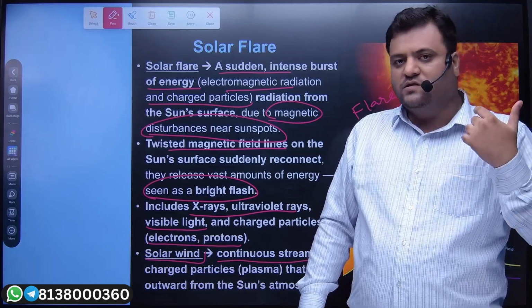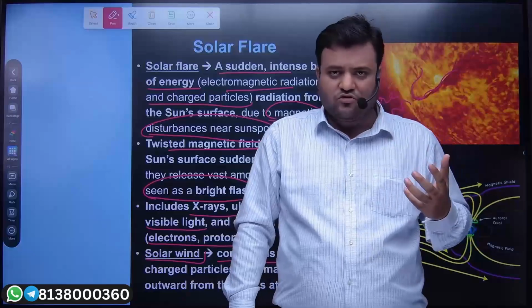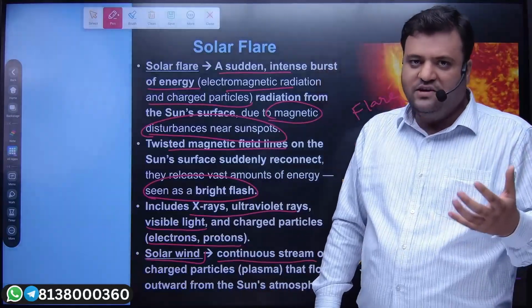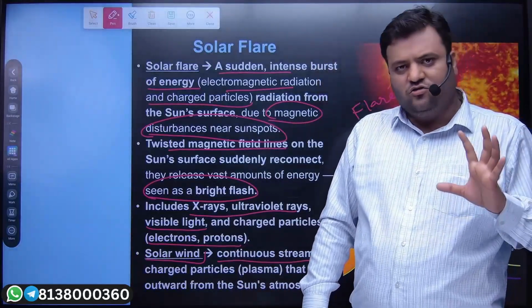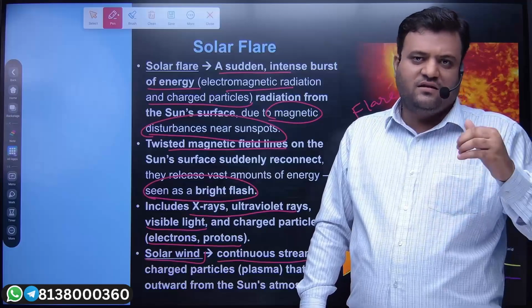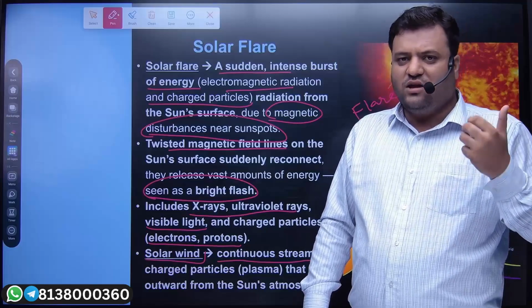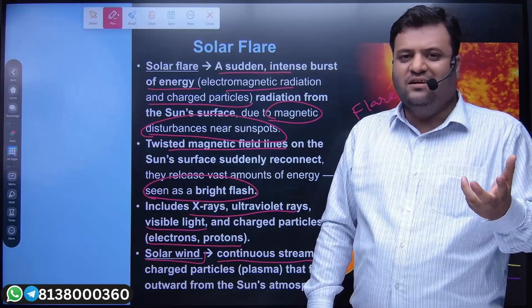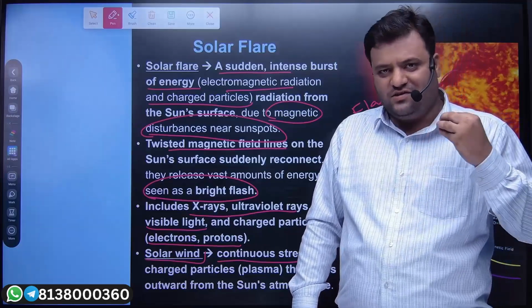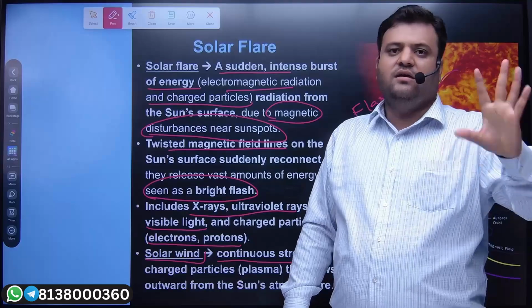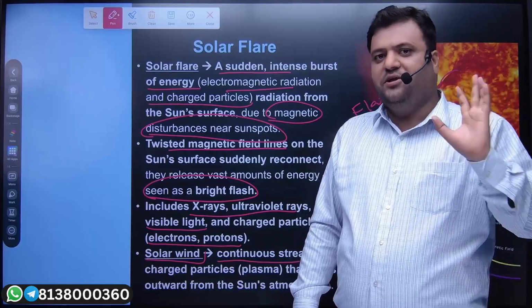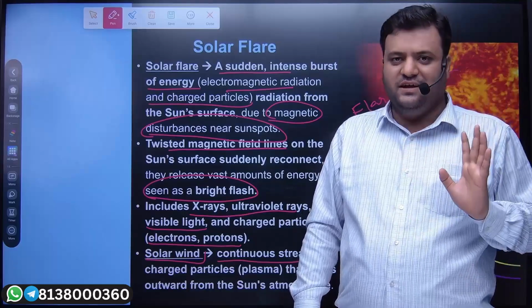And during some sort of cosmic events, we can have solar flare. You can consider it this way: solar flare is like monsoon, and solar wind is occurring at any point of time. It is continuous, it is permanent in its occurrence.